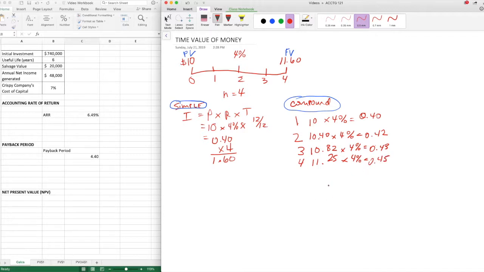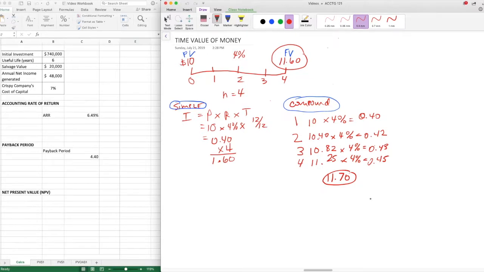So by the end of this scenario, with compound interest, we will finish with $11.70, as opposed to $11.60. So it'd be much better to have compound interest.